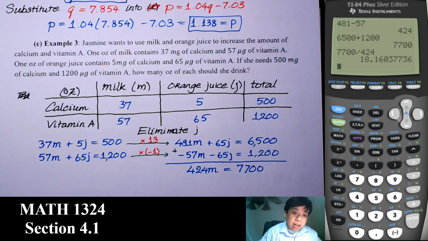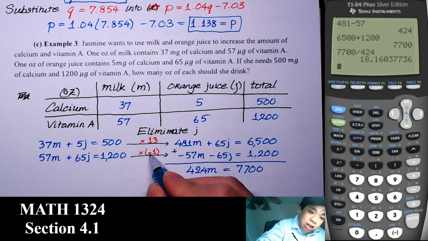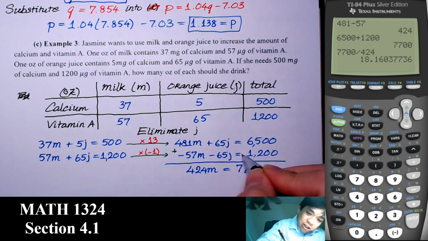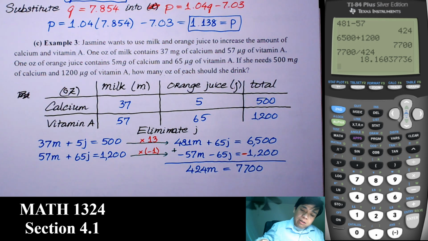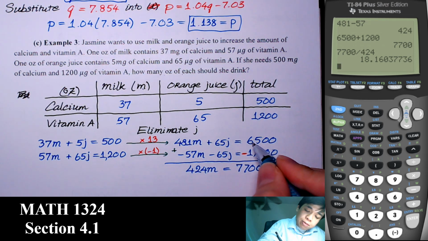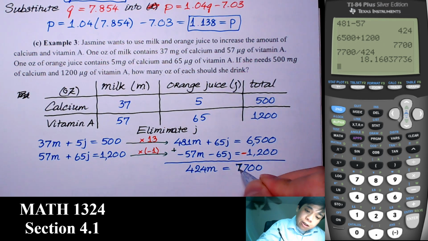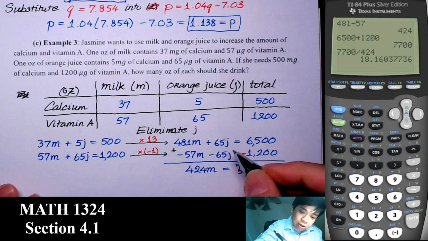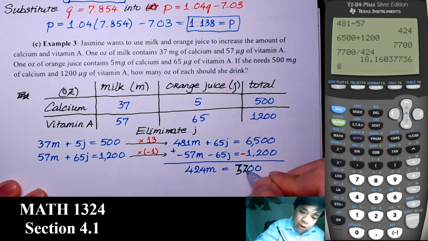Sorry, I made a mistake. We multiply by negative 1, right? So this should be minus, and that gives us 5300.